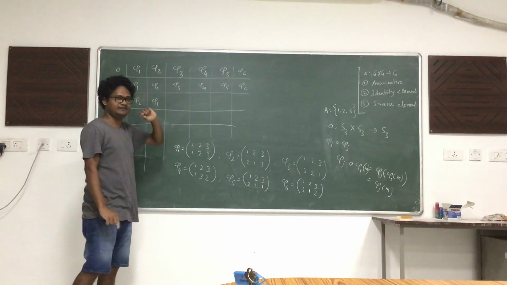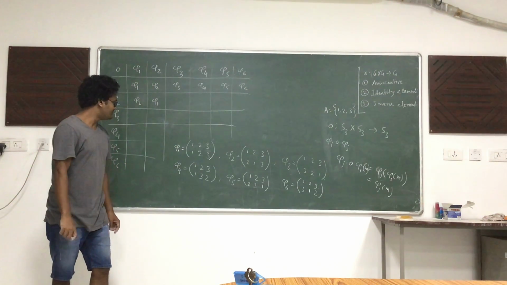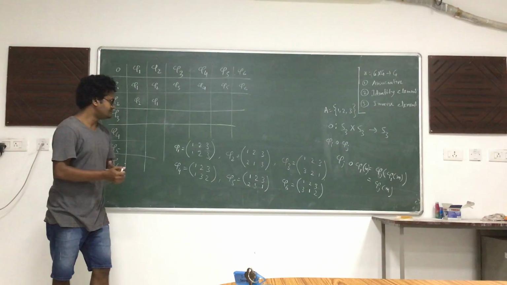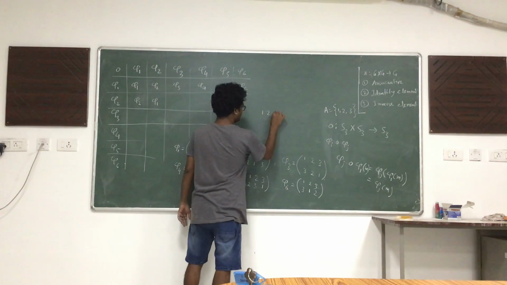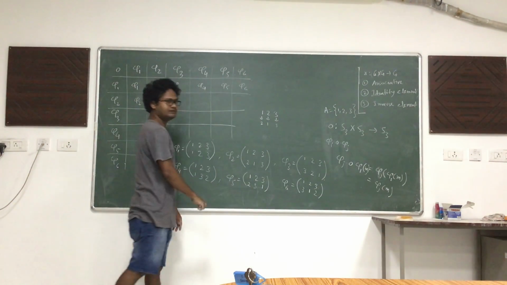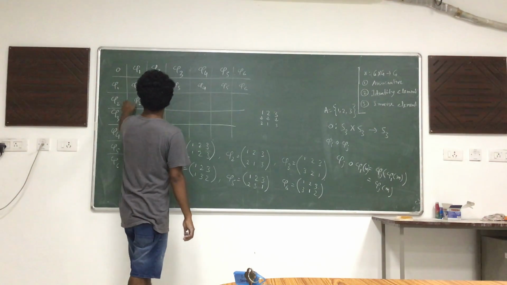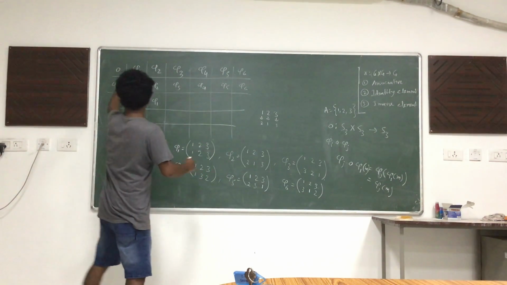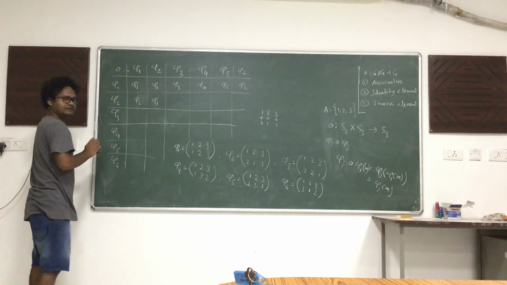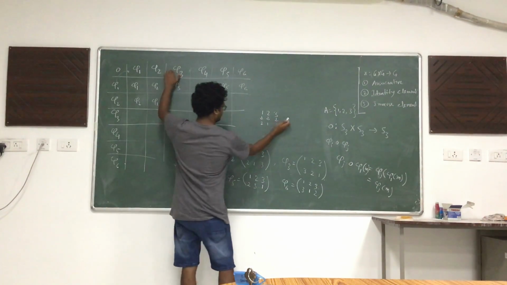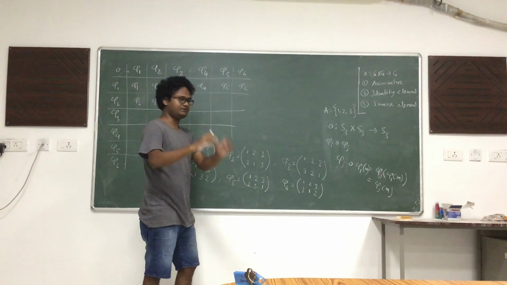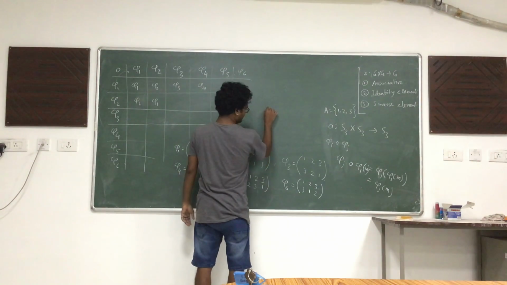What is phi 2 compose phi 3? Phi 2 sends 1, 2, 3 to 2, 1, 3. This acts on the left and phi 3 acts on the right, so we are defining it this way. We first take phi 3; phi 3 first acts on the element, and then phi 2 acts.